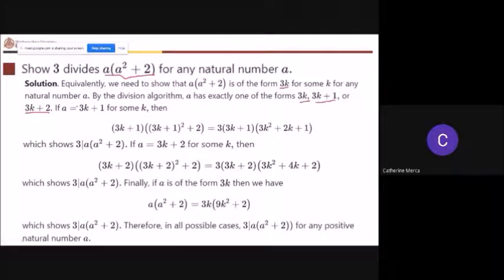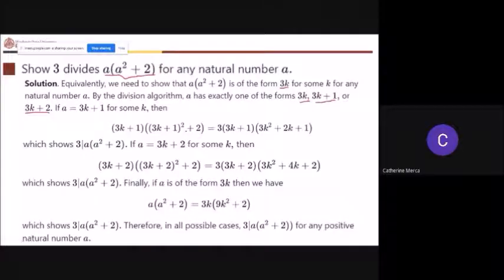If a is equal to 3k plus 1, for some k, then what will happen? Replace natin ng a by 3k plus 1. So a squared plus 2 is replaced by 3k plus 1 squared plus 2. And then you operate, mamultiply itong 3k plus 1 squared.